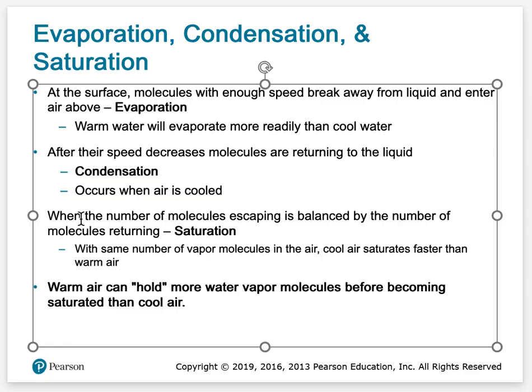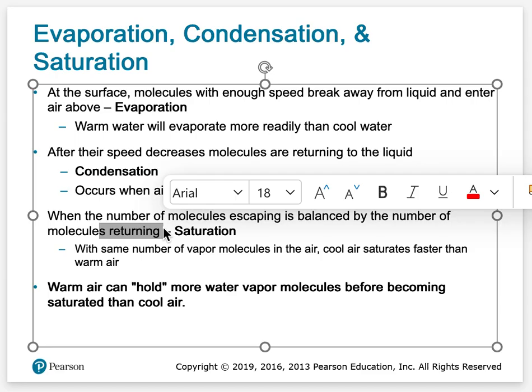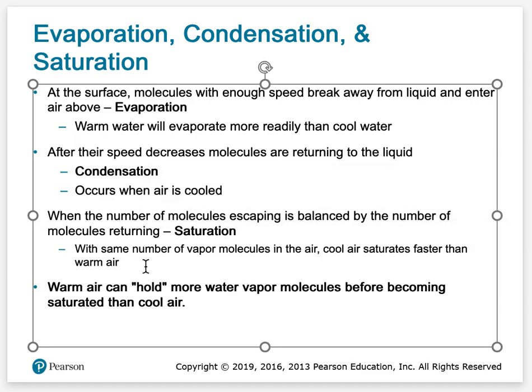So we'll see examples of the balance of water molecules evaporating, which would be escaping, and the balance with condensation. With the same number of vapor molecules in the air, cool air saturates faster than warm air. And warm air can hold more water vapor molecules before becoming saturated than cool air. We'll take a look at those diagrams later in the lecture.